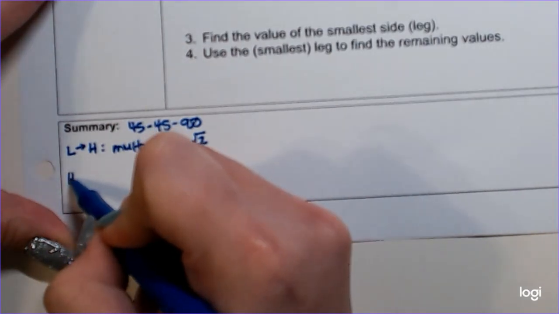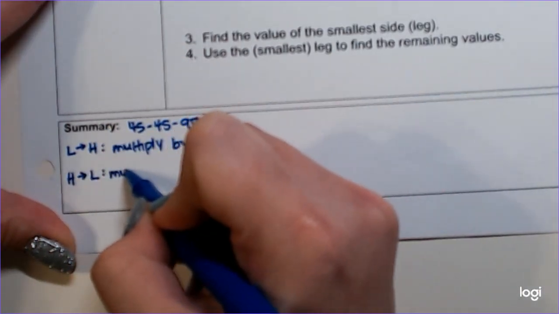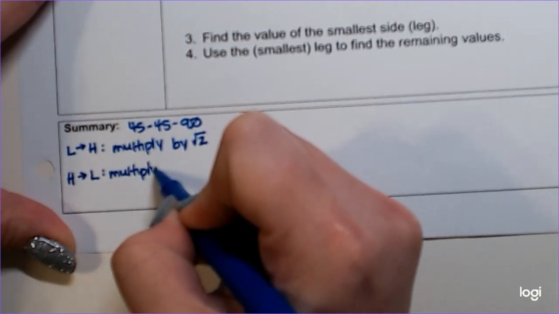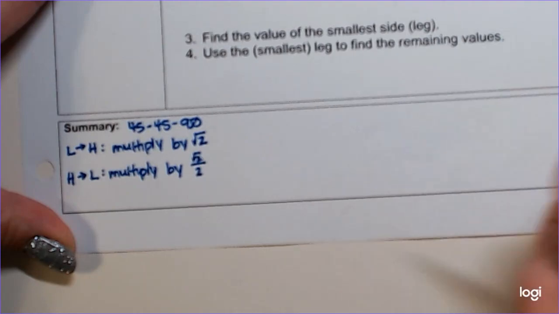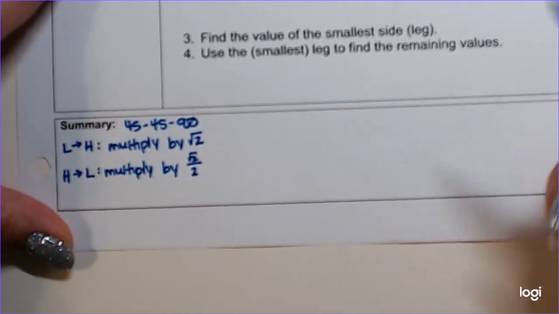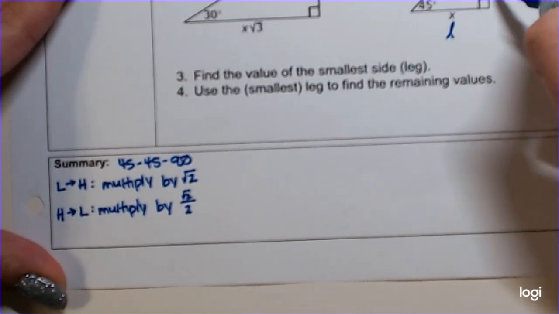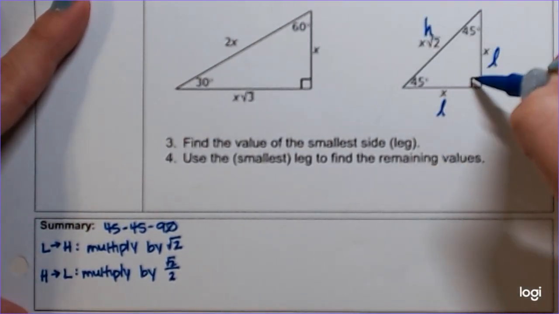If we go from hypotenuse to leg, we're going to multiply by square root of 2 over 2. So there's your rules for 45-45-90. This is our leg, this is also our leg, and this is always the hypotenuse because it's opposite of the 90 degrees. That's how we label.